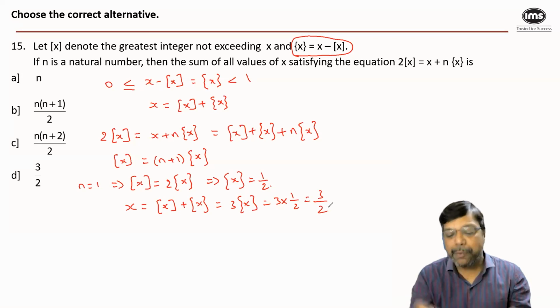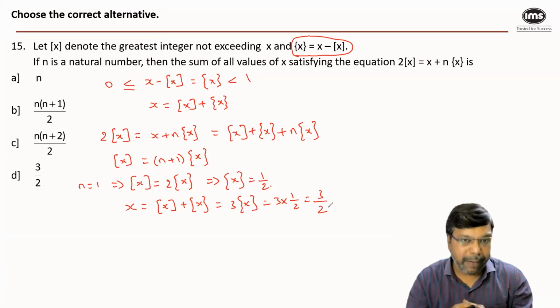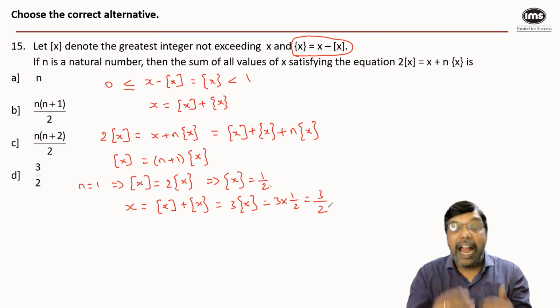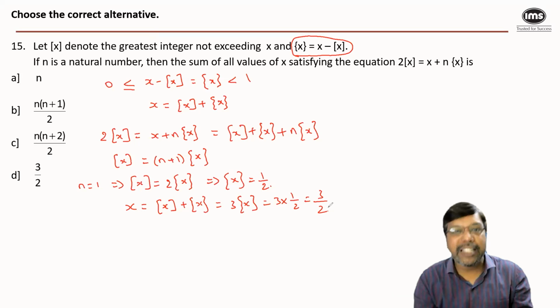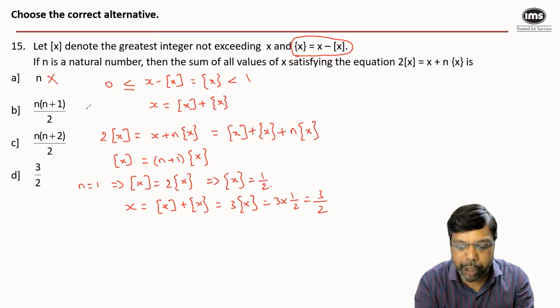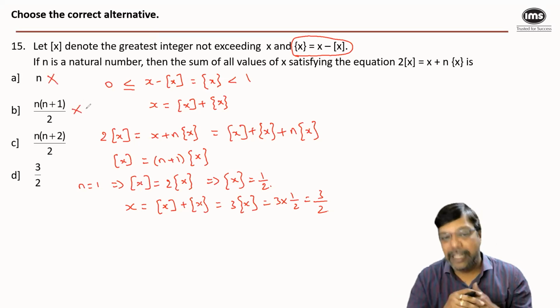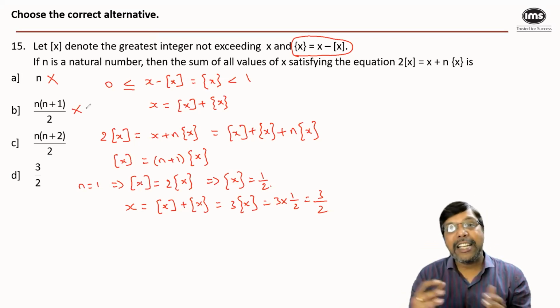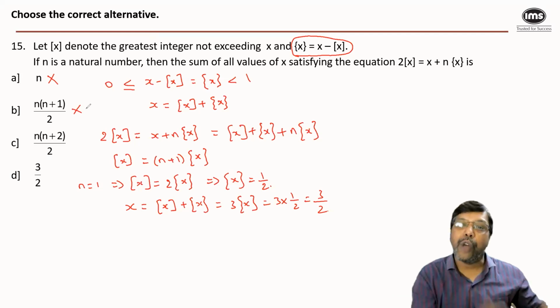Now, when I substitute n is equal to 1, I will get 3 by 2 in option C, and option D is also given as 3 by 2, which means I am able to eliminate only two options. So let me take one more value of n and see if it helps me to eliminate one of the remaining answer choices.